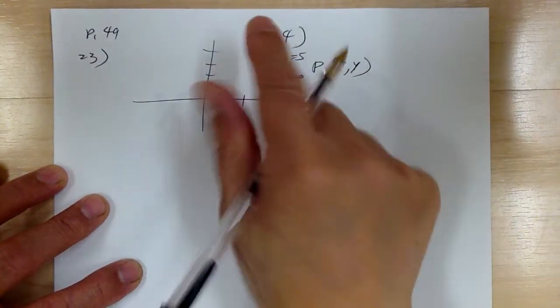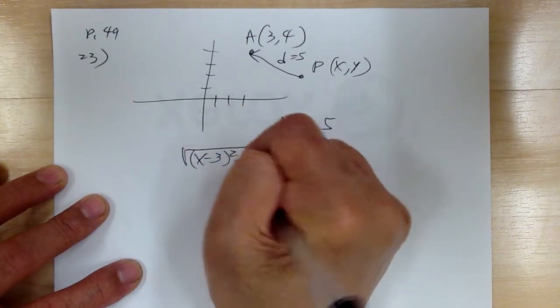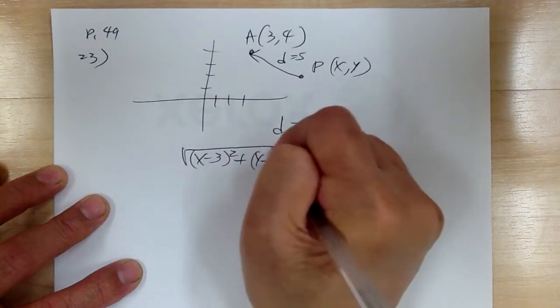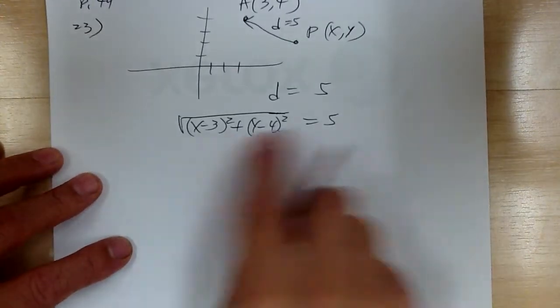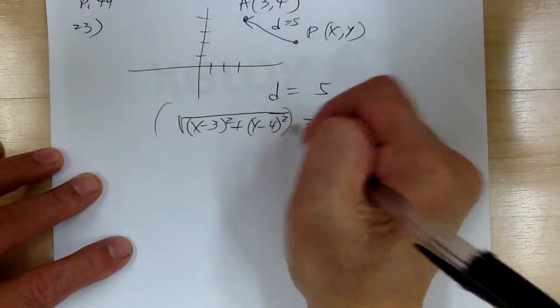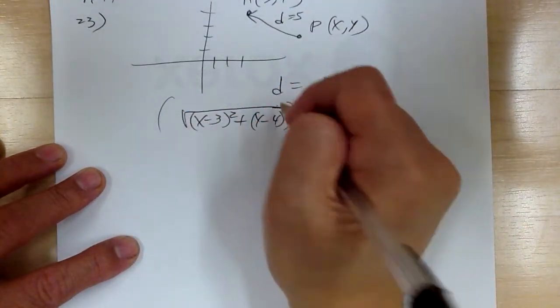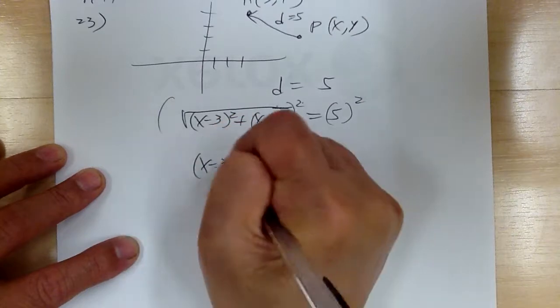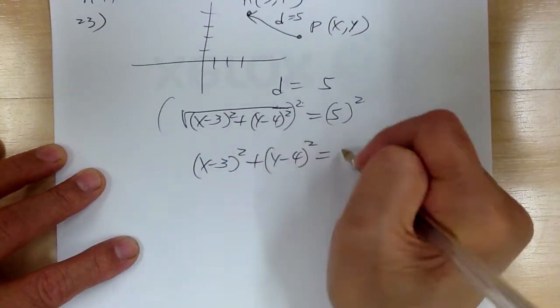And the distance between two points would be square root of (x−3)² plus (y−4)² equal to 5. And I'm going to square both sides, right, to get rid of the square root. And so the square and square root cancel out, so I get (x−3)² plus (y−4)² equal to 25.